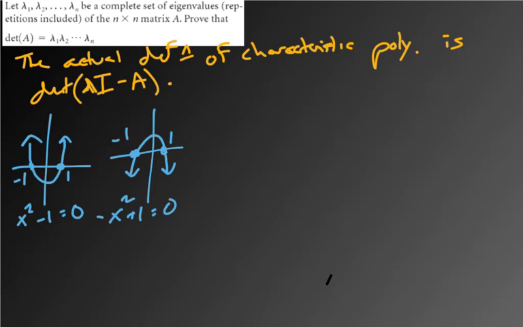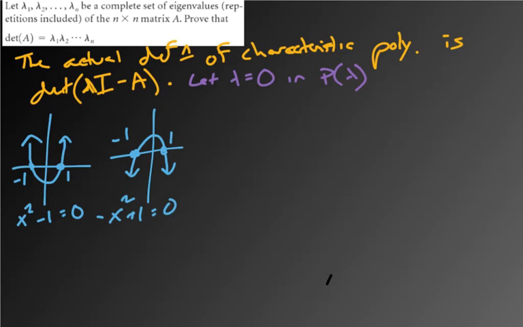What we're doing with the characteristic polynomial is, it's a polynomial in lambda, where lambda is just an arbitrary variable. Let's start by letting lambda equal 0 in P of lambda.